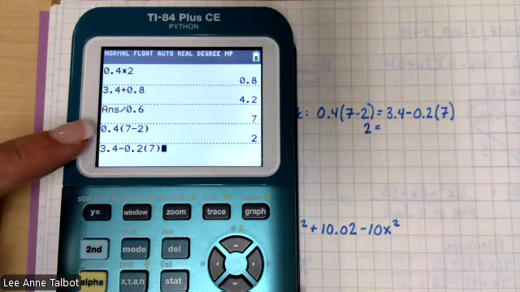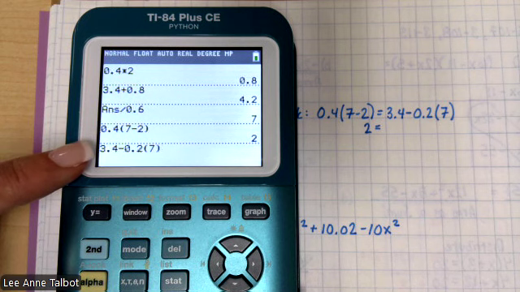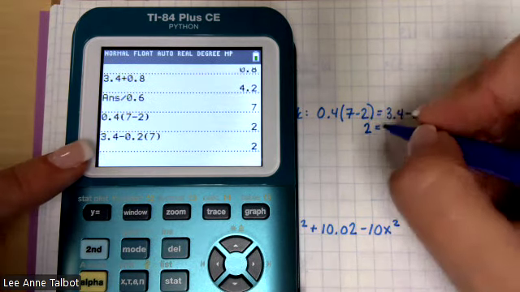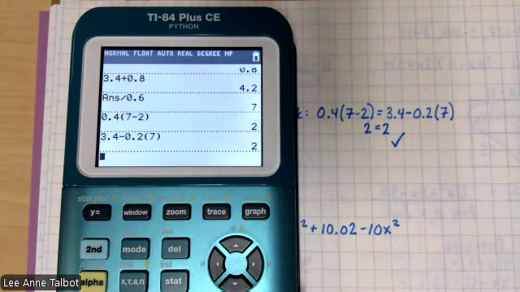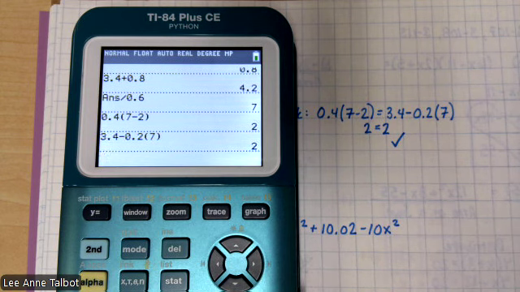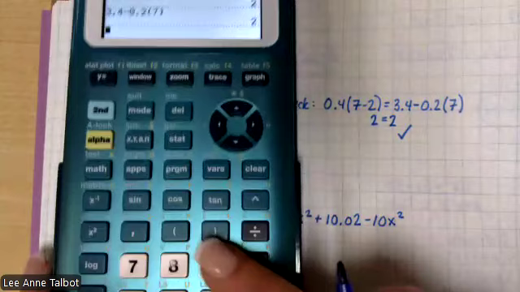So I put in the left side and I put in the right side, and they check. You guys have parentheses on your calculators, right? Usually they're right above the 8 and the 9. Like right here.